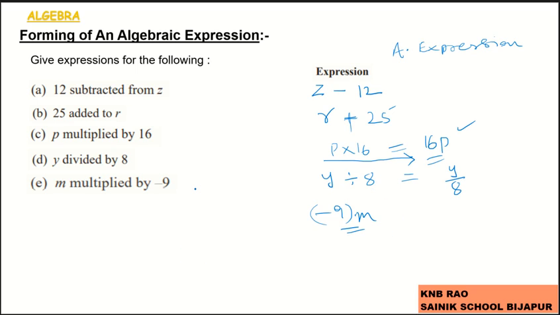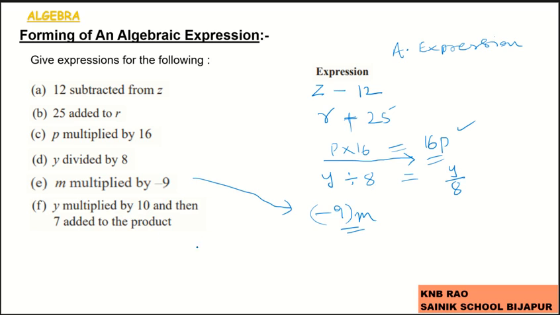Otherwise you can do it this way also. Another example is y multiplied by 10. So 10y, and to that product 7 is added. So I am writing 7 added, behind I have written, then y multiplied by 10. So 10 into y I have written first.